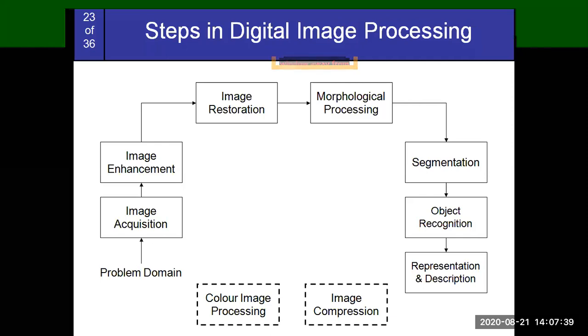Next, image compression. I think you might already know what the compression requirement is. The most fundamental thing is to save memory. Nowadays we are transferring images from one point to another.